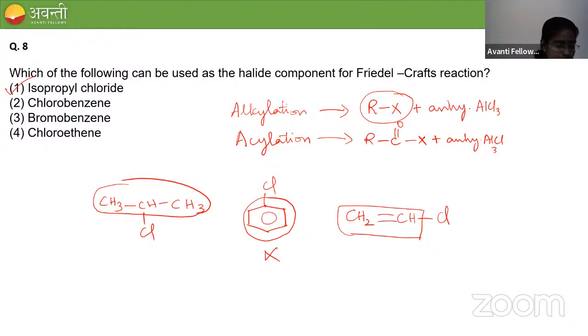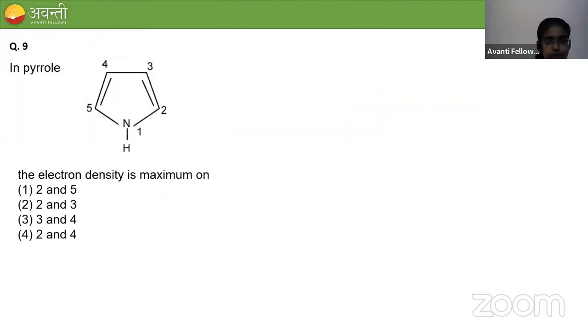Now let's move on to question number 9. In pyrrole, the pyrrole structure is given here. The electron density is maximum on. So 5 different atoms are labeled from 1 to 5 here, and we have to find out on which carbon atom the electron density is going to be more. Okay, so how to find out?